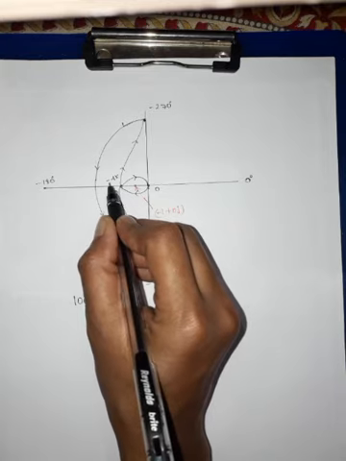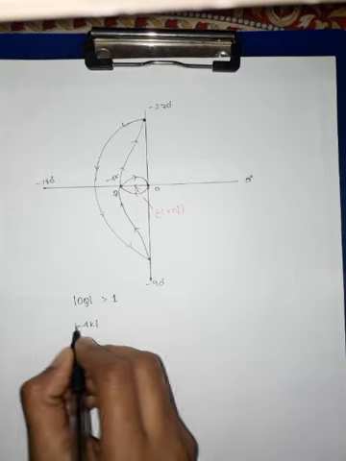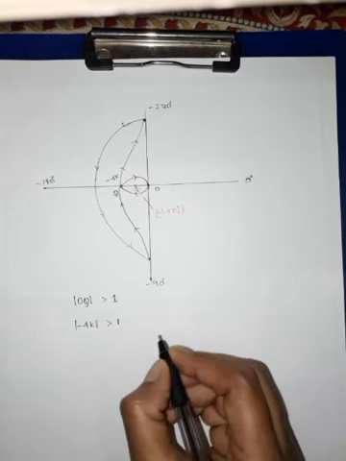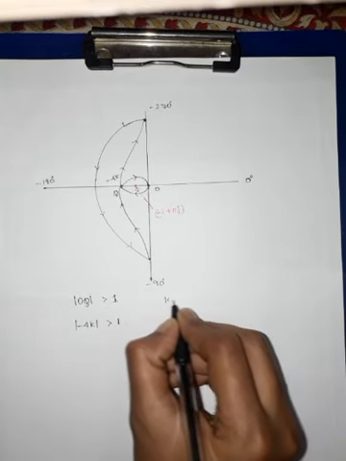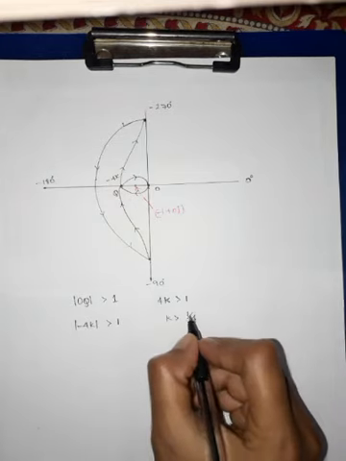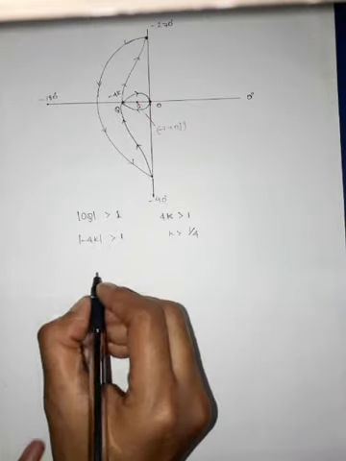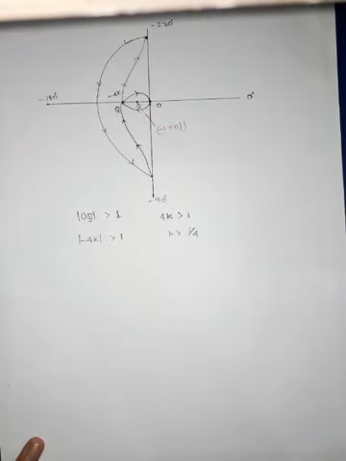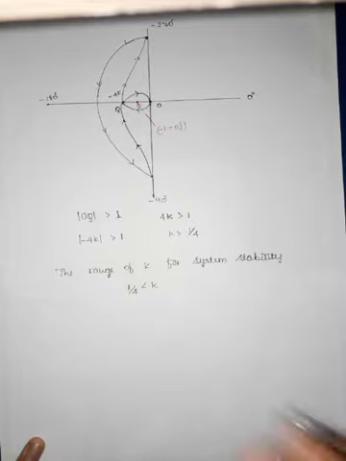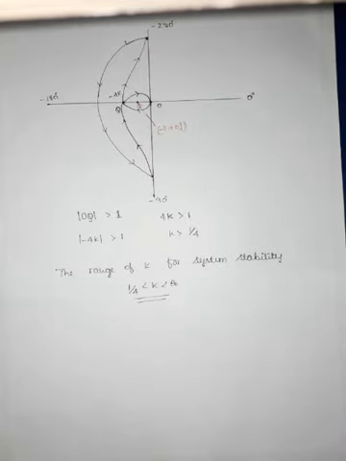OQ is nothing but minus 4k, so 4k should be greater than 1, or k should be greater than 1 by 4. For system stability, the k value should be greater than 1 by 4 and less than infinity. This is the condition for system stability.